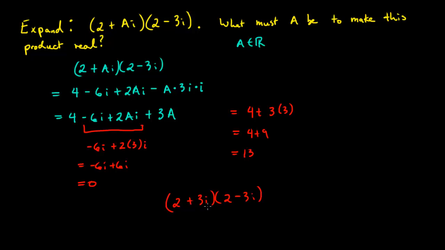So that's not a fluke. These are called complex conjugates. Anytime you multiply complex conjugates, you'll always get a real number. And we'll look at that in more detail in the next lesson. So that concludes this video, and we'll see you in the next lesson.